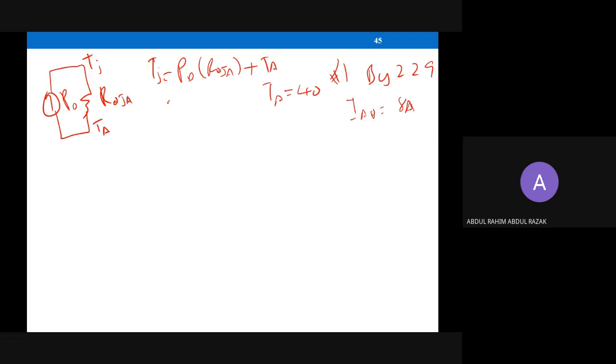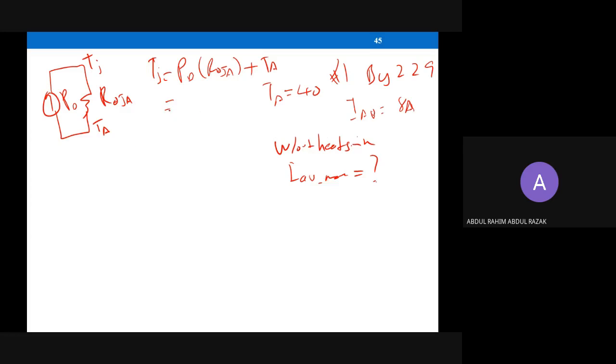So you open your data sheet and look at your TJ. We try to find out what the maximum limit is without a heatsink. So without a heatsink, what is the I average max, or the maximum current that the switch should be limited to?